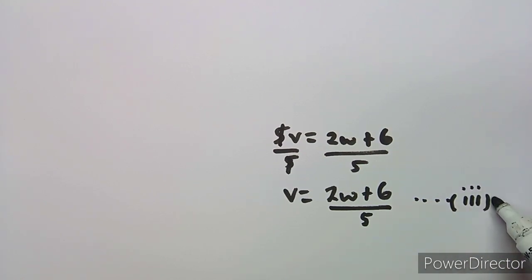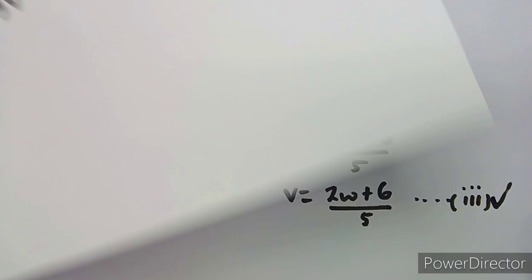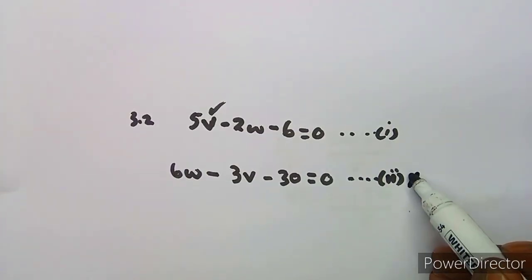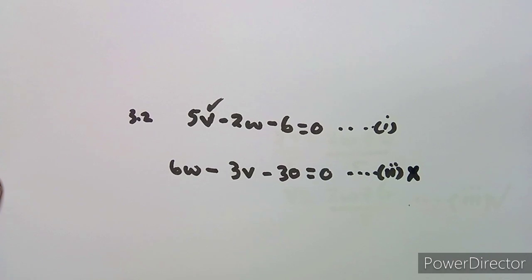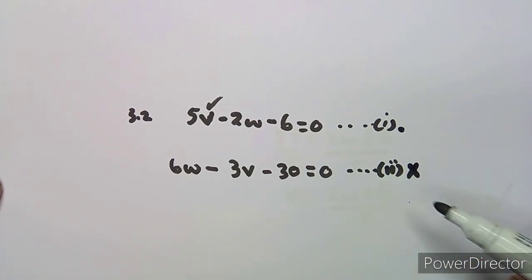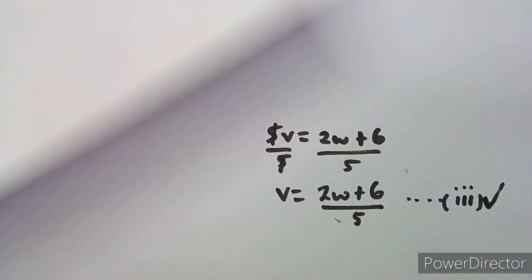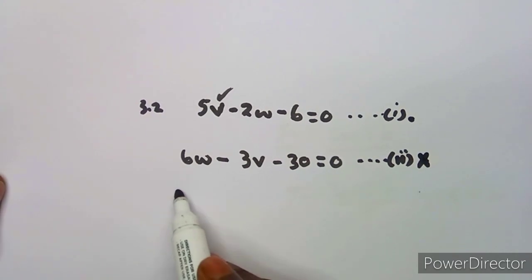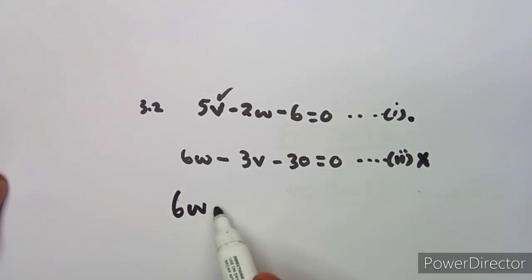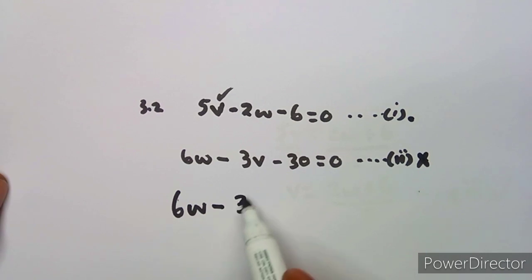So I'm going to substitute equation 3 into equation 2, not equation 1, because I made equation 1 the subject. In place of v, we are going to substitute this fraction. So we are going to have 6w minus 3 times v.